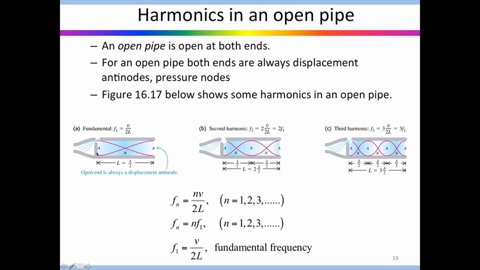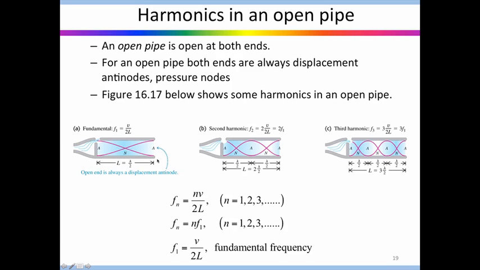The same kind of argument applies to the other open end, and therefore we have an antinode on this end, an antinode on the other end, and a node in the middle.